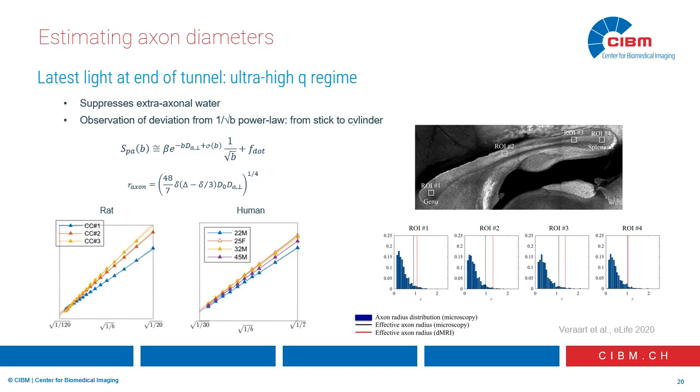But the effective axon radius for microscopy and diffusion, for once, were in excellent agreement.